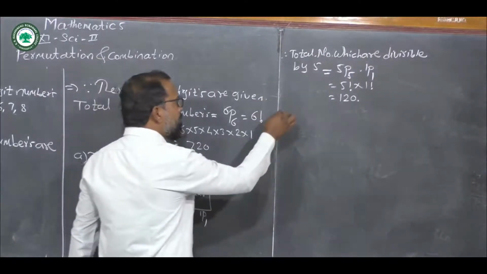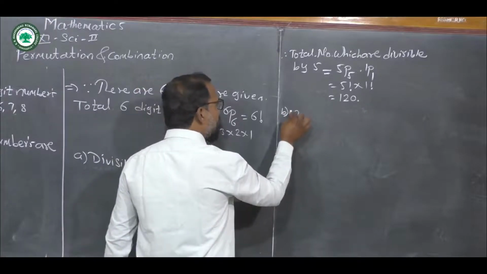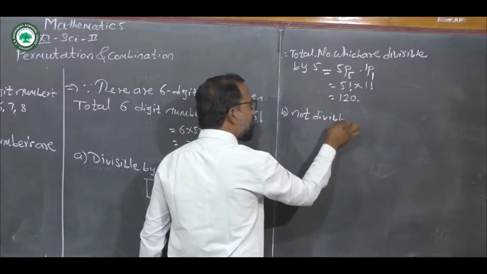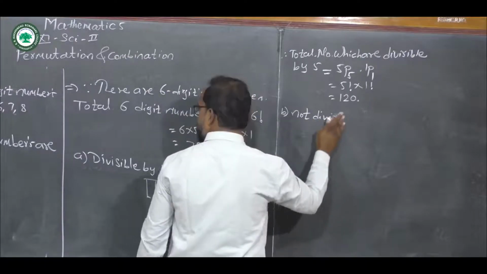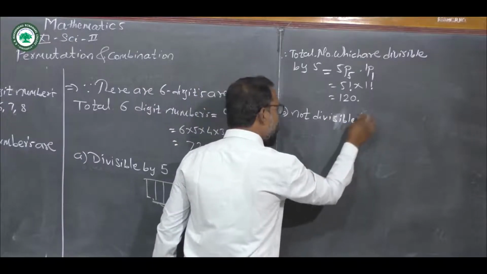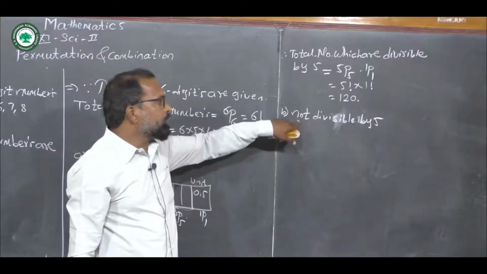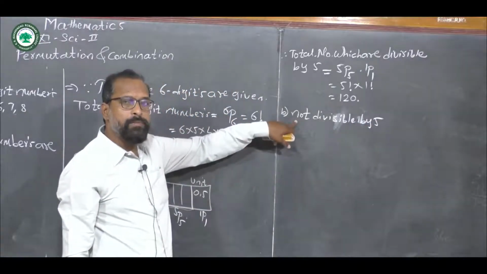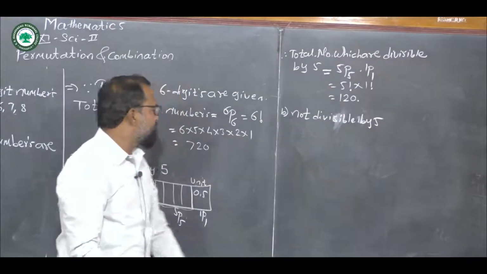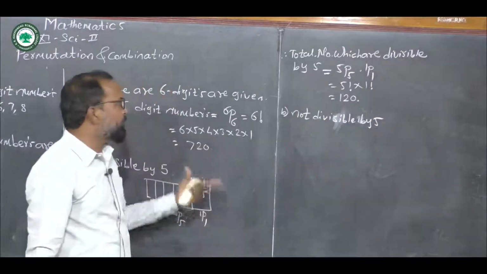Now next we have to find B, that is, not divisible by 5. Again, to form numbers which are not divisible by 5, there are 2 alternatives. First one, subtract numbers divisible by 5 from the total numbers.